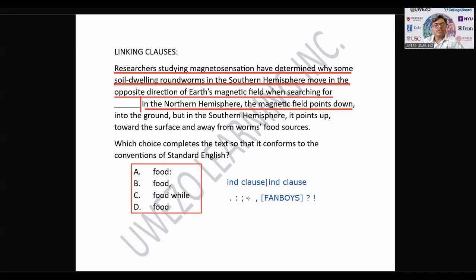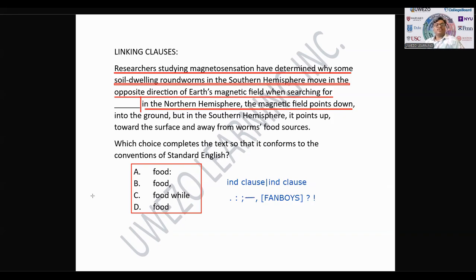This is the dash. Right. So let's look at the first option.